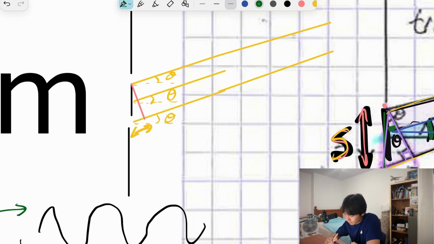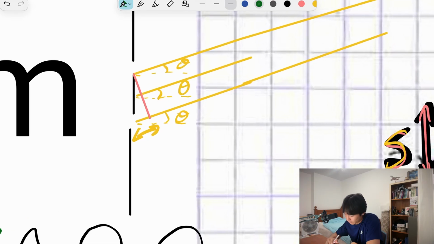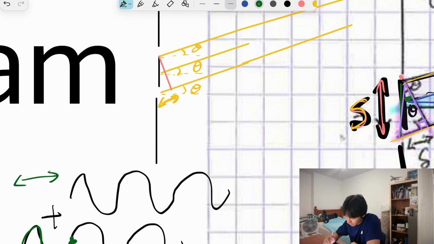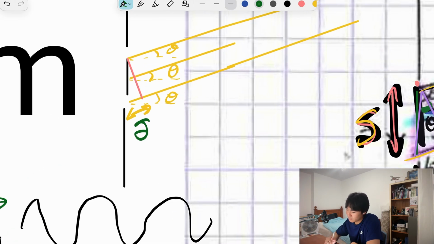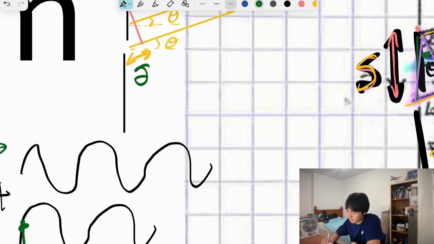So this could be, for example, the phase difference here. We call that, just a random symbol, delta, and we call this an integer multiple of wavelength. I'm going to explain why a bit more later as well.